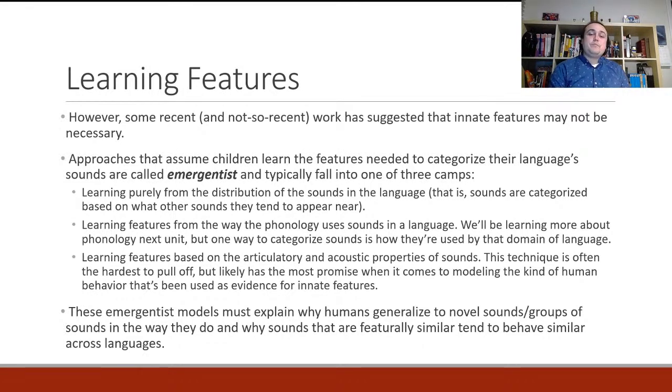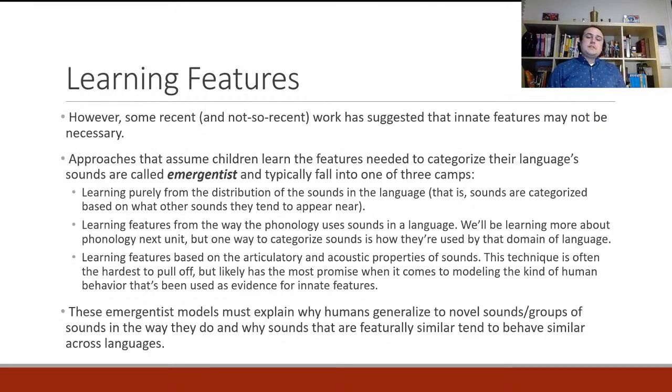But you have to know all of that to understand what kind of data a kid would have when learning the features for their language. So it is difficult, but it probably has the most promise when it comes to modeling human behavior, right? Because you are using all of the information that's available to a child who's trying to learn their first language.